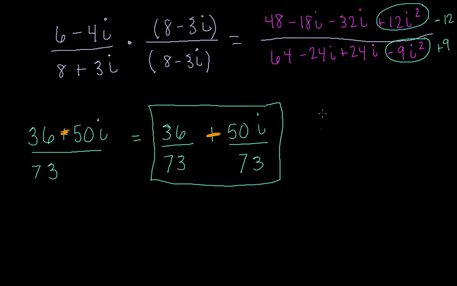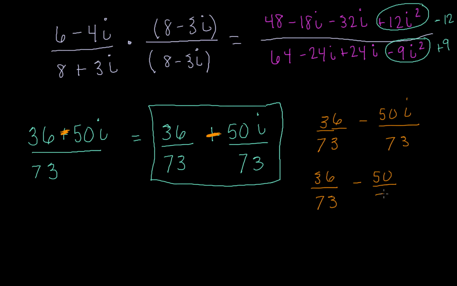So your final answer, rewrite that: 36 divided by 73 minus 50i divided by 73. You have your real part and you have your imaginary part. You may see it as 36 divided by 73 minus 50 73rds i.